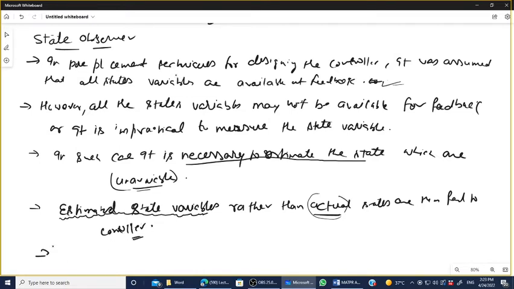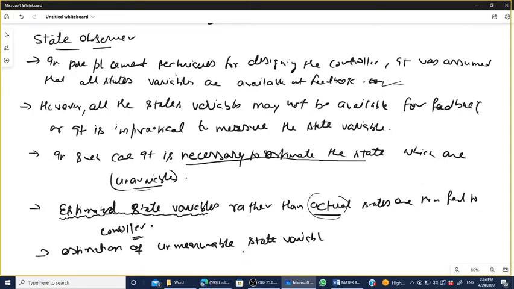It means estimation of unmeasurable state variables. Simple funda: ultimately you are going to estimate those state variables which you are not able to measure.